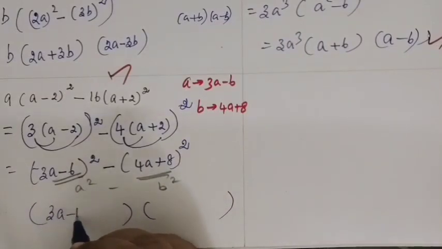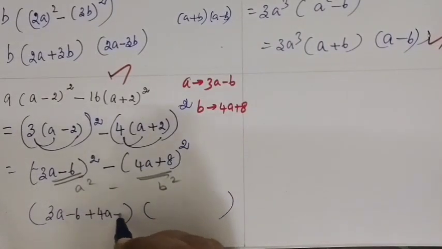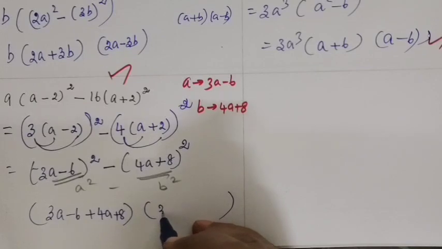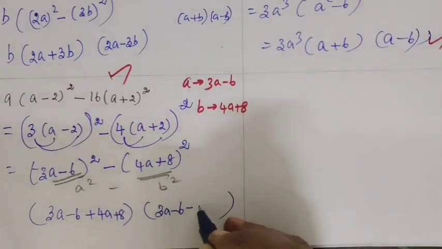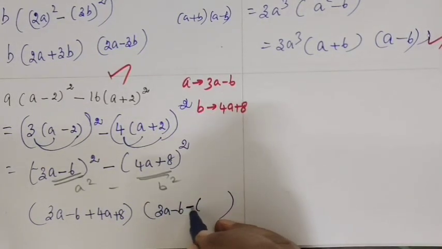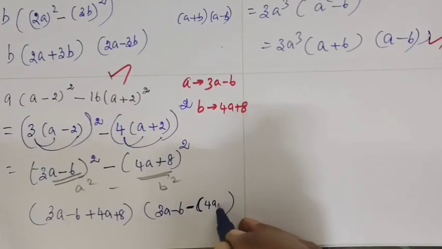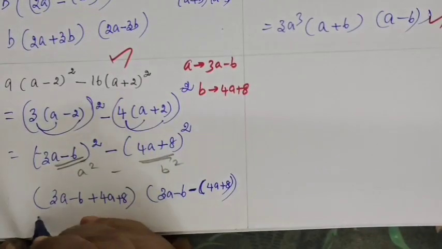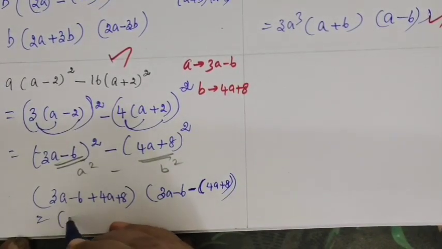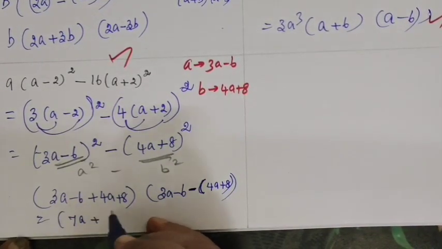So a plus b, then a minus b. When you write minus, definitely you have to put the bracket 4a plus 8. 3a plus 4a, 7a. 7a plus 8 minus 6, 2.